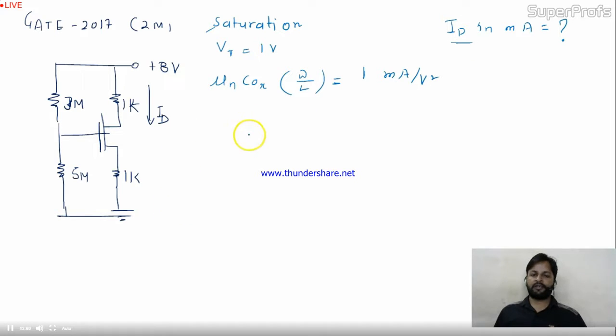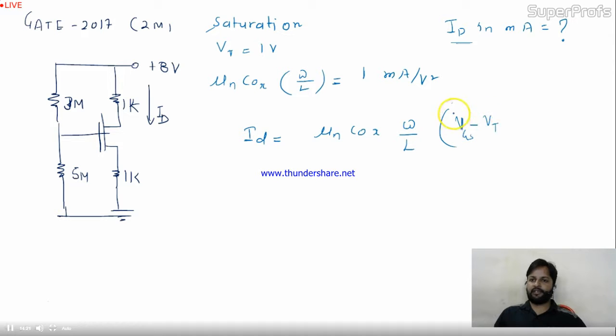So if you remember, we have seen the formula for ID for the MOSFET, and that was mu n COX W by L, inside we have seen 1 minus, wait a minute, this is VGS actually, VGS minus VT into VDS minus VDS square by 2.